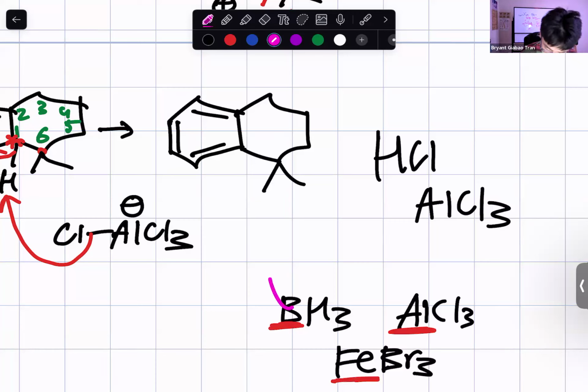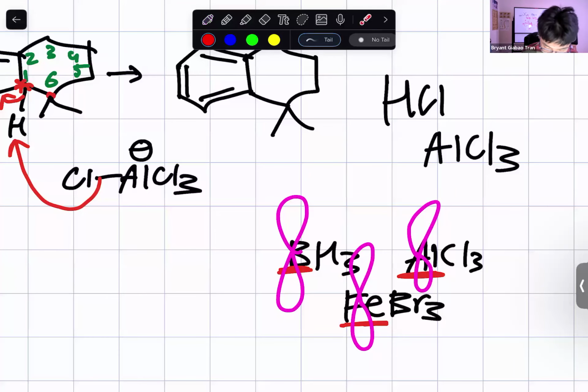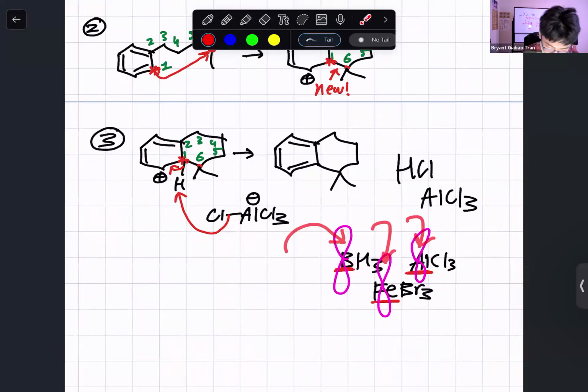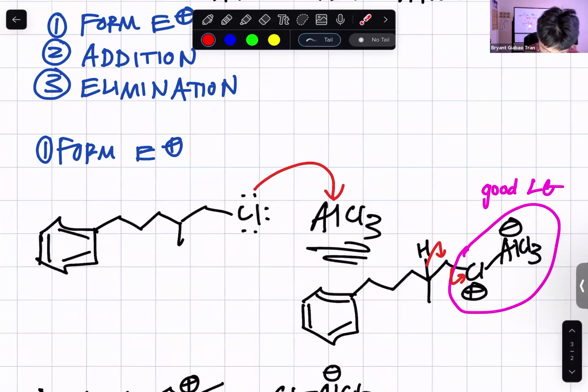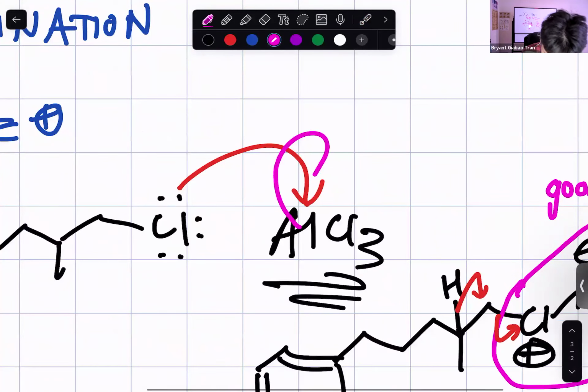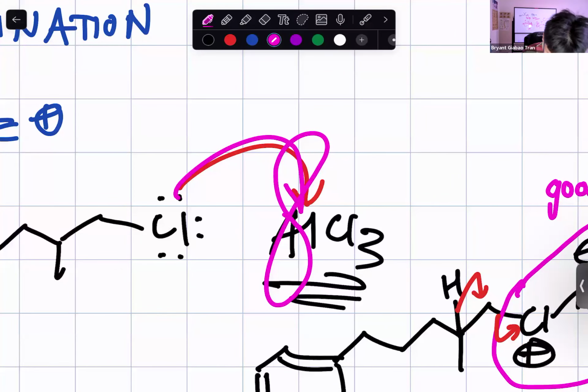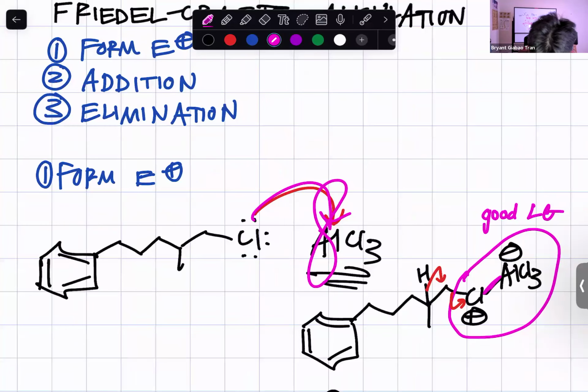And all of these here are Lewis acids because they have empty p orbitals where some kind of nucleophile can donate its electrons to the empty p orbital, right? Just like in this first step of the reaction here, this aluminum had an empty p orbital for this chlorine to attack, forming this new bond right here between them. Right? So that's why it's neutral and not positively charged.